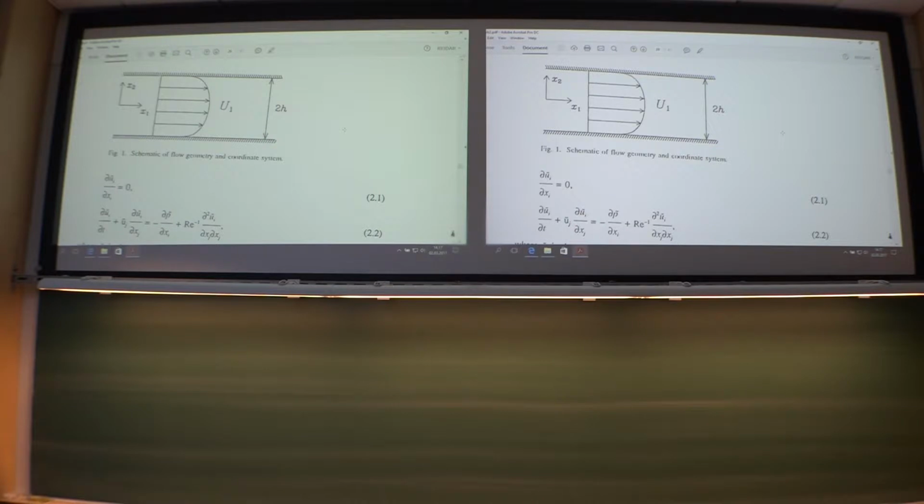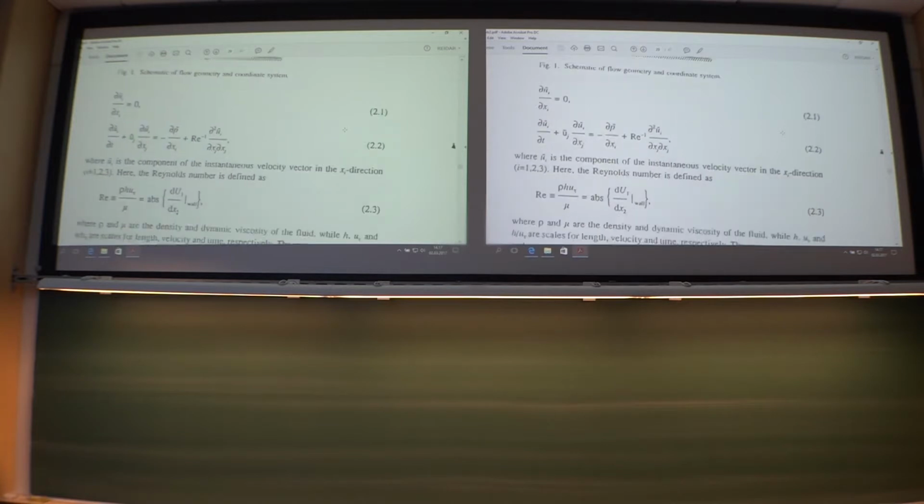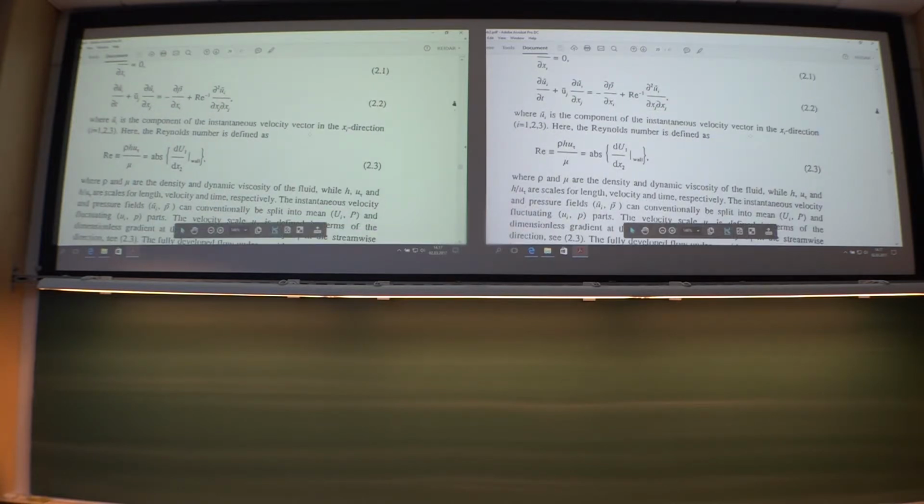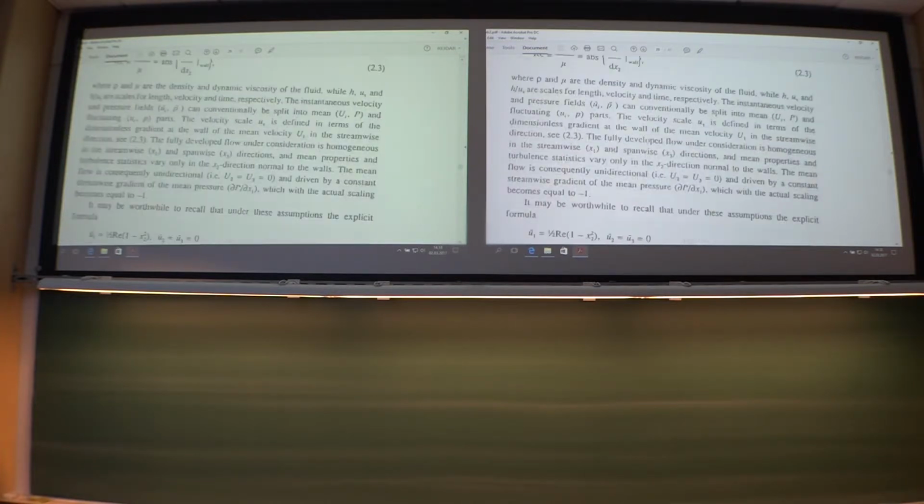Equation of motion, you have continuity, and then you have the non-dimensional Navier-Stokes momentum equation. So you have 1 over the Reynolds number. And yes, it is possible to also define the Reynolds number using the skin friction velocity if you want to do that.